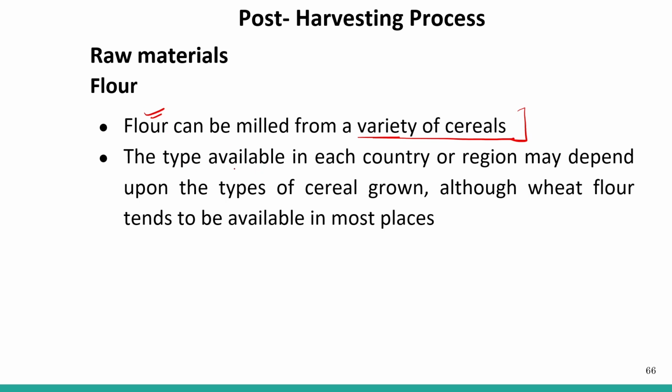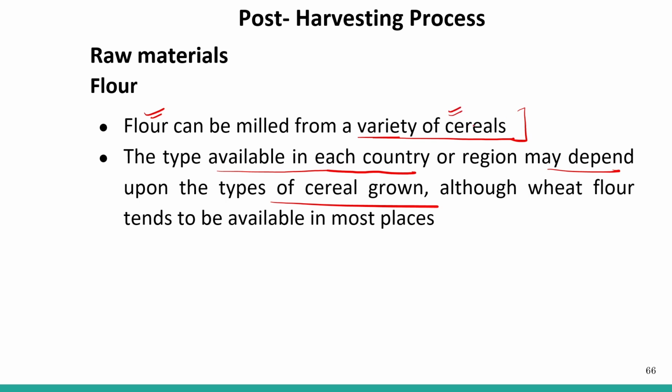The type of flour available in each country or region may depend upon the type of cereal grown. Every country does not have the same type of cereal. According to the climate and the soil, they have their own cereals.